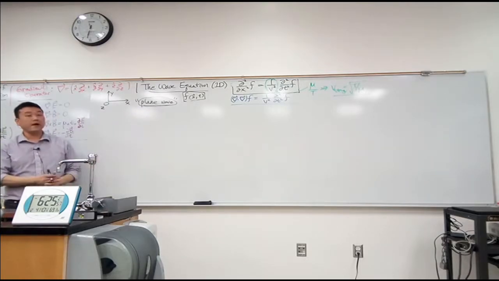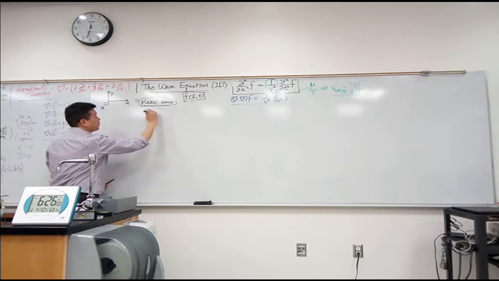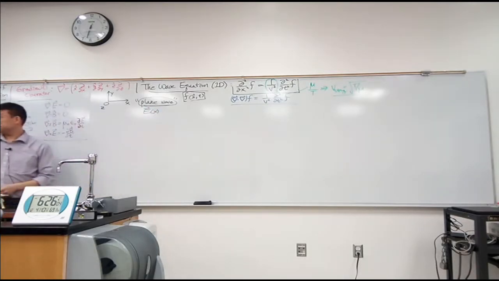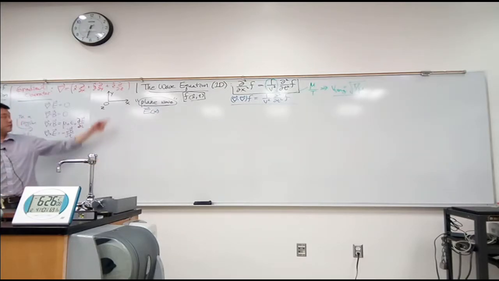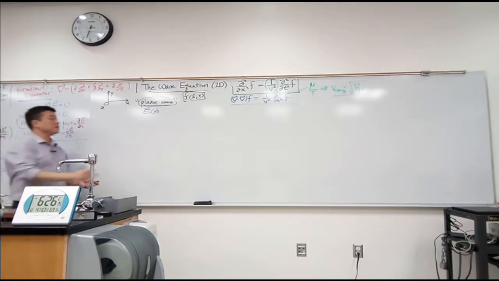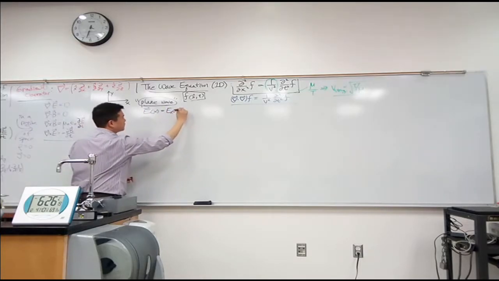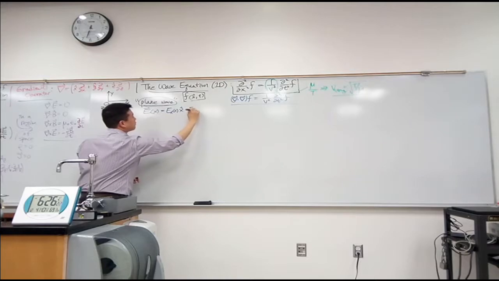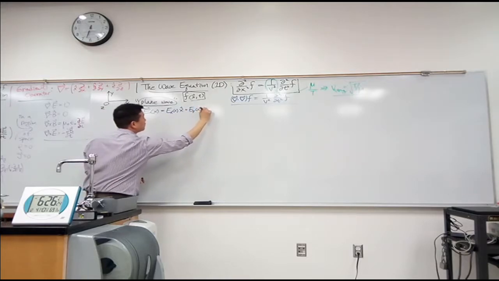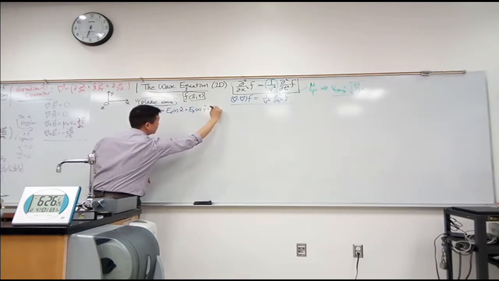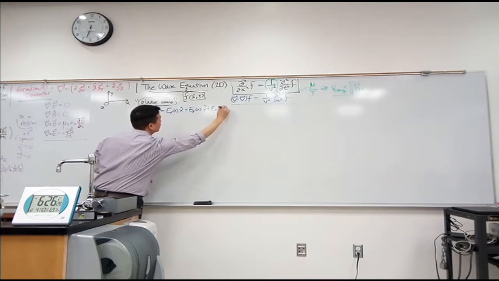Then by saying plane wave, I'm saying my electric field is only a function of x. It's not a function of y or z, because as you move along y, your electric field shouldn't change if your wavefront is going to represent a plane. So what this also means is, the x component is a function of x alone, the y component is a function of x alone, and the z component is a function of x alone.